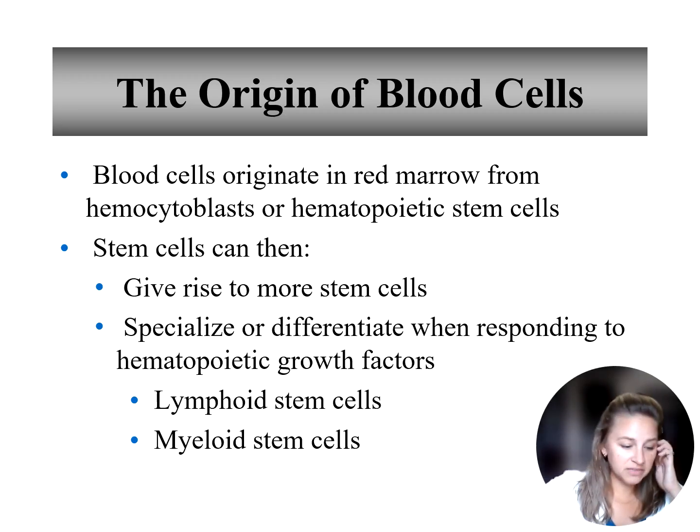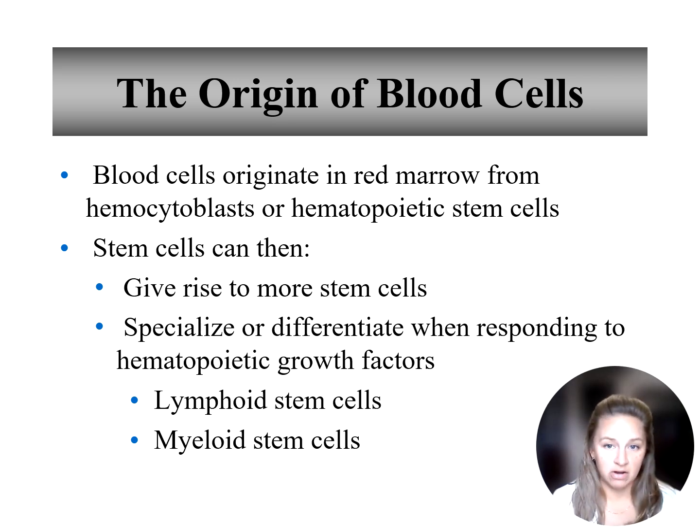The origin of the blood cells: they originate in what's called red marrow, and these are from hemocytoblasts or hematopoietic stem cells, meaning these are the precursor to all of the different classes of blood cells that we just looked at on that previous slide.